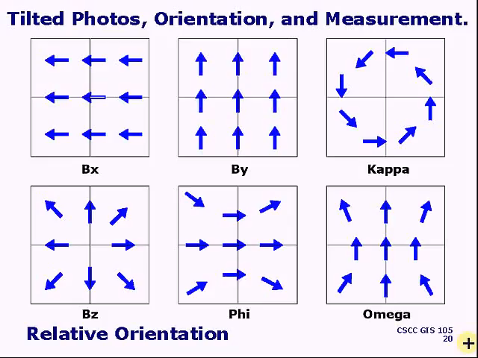Now, there are distortions. Let's say I take the left photo and say that it is the reference. I'm going to call it square and true, and everything that I measure on the left is going to be held. If I take the right photo, based on its position, then there are certain distortions that can occur.